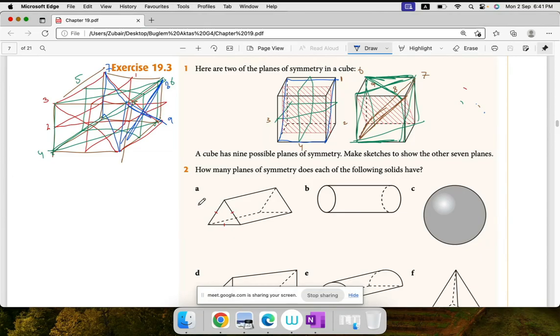It's not a sphere, but it's still infinite because it's a circle.